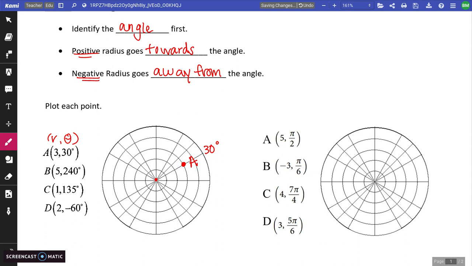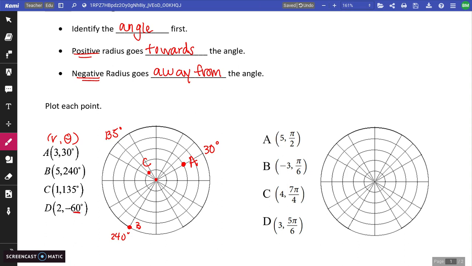Point B has an angle of 240. That's down in quadrant 3. And I'm counting 5 units towards that angle. So that puts me out here. Point C is at 135, which is in quadrant 2. And I'm counting 1 unit towards the angle. Now, point D, I have a negative angle.